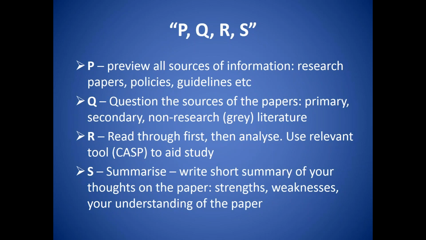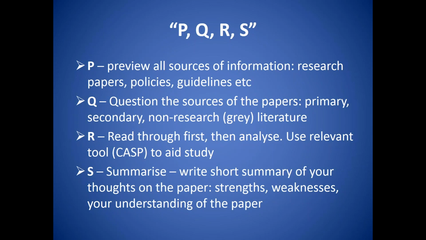Both are absolutely fine. And then you've got your non-research or grey literature, which is your media representations, web pages and things like that. Some are okay, but I would think for this piece of work that you're probably not going to use much of that.